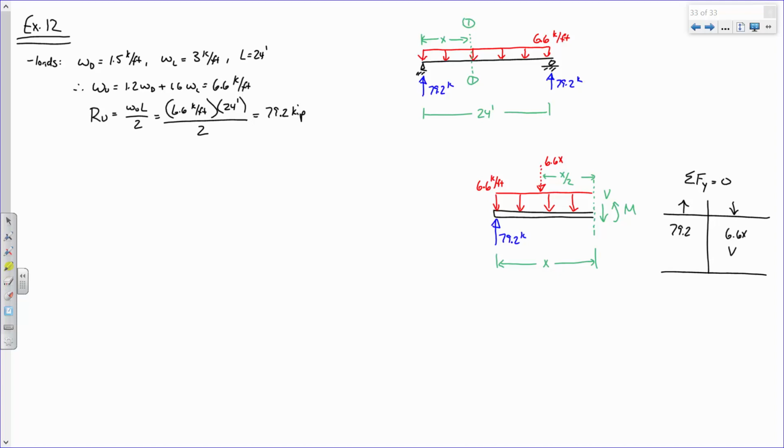So 79.2 equals V plus 6.6x, or V equals 79.2 minus 6.6x. Or if we want to be, I guess, consistent in our notation, V_u as a function of x is 79.2 kips minus 6.6 kips per foot times x.